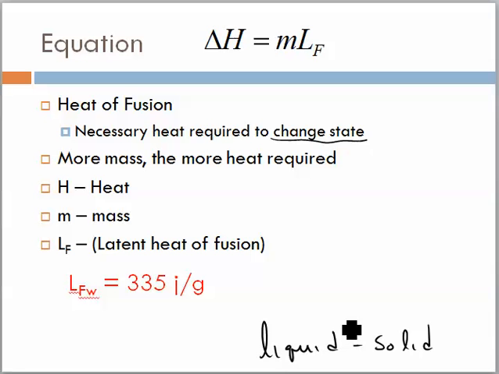If you're going from a liquid to a solid, then energy or heat is being given off. Heat is given off, and as things cool, it loses heat. If it's going from a solid to a liquid, then heat is coming in. So what we're talking about here is it takes a certain amount of energy to change from a liquid to a solid, or from a solid to a liquid.